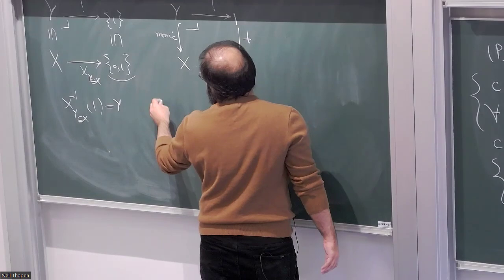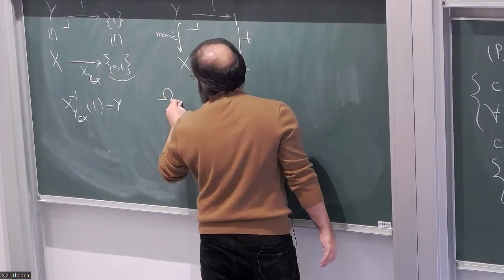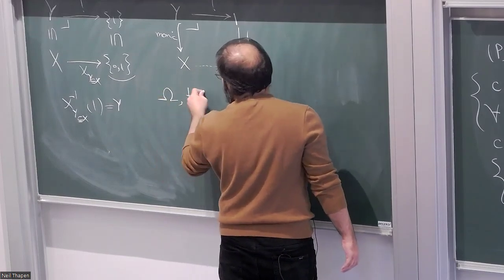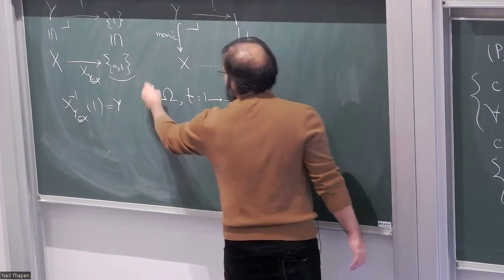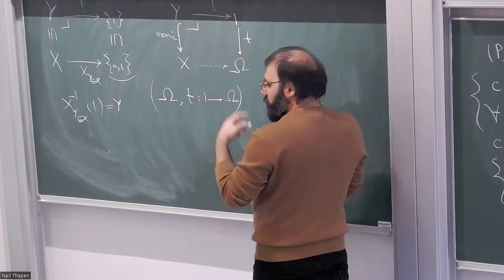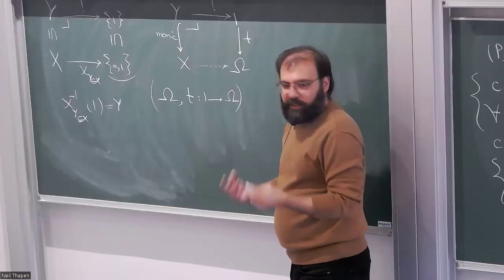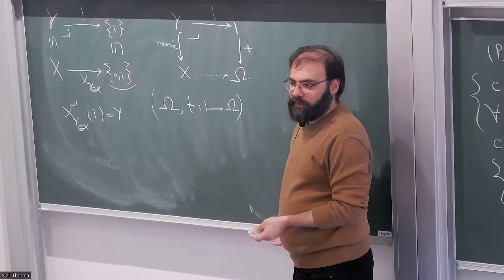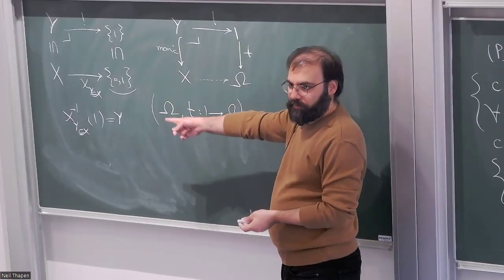Say omega together with a map t from 1 to omega. This pair is what I want, and it's called a sub-object classifier for obvious reasons, because it classifies all sub-objects.